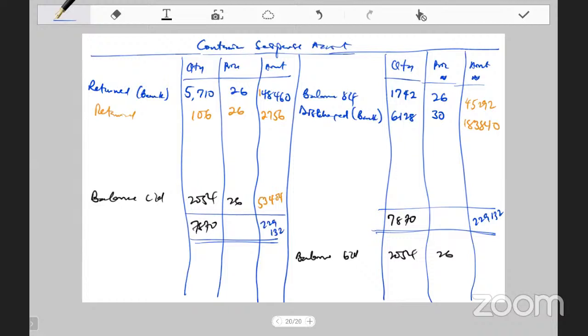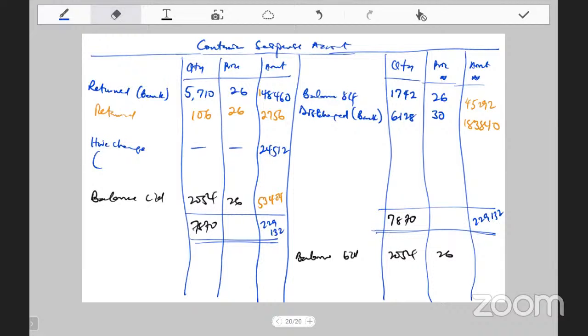So the balancing figure I'm going to get is called hire charge. And that is 2424512. I want to confirm maybe what I've done is correct.